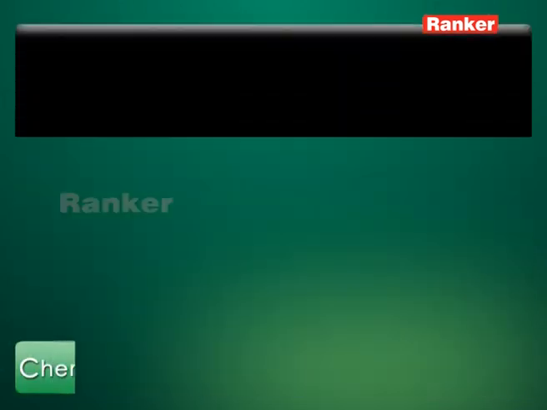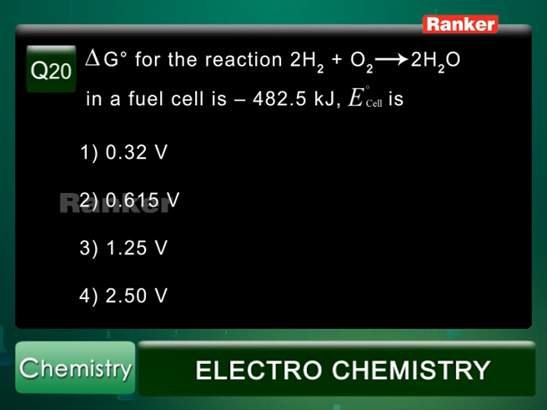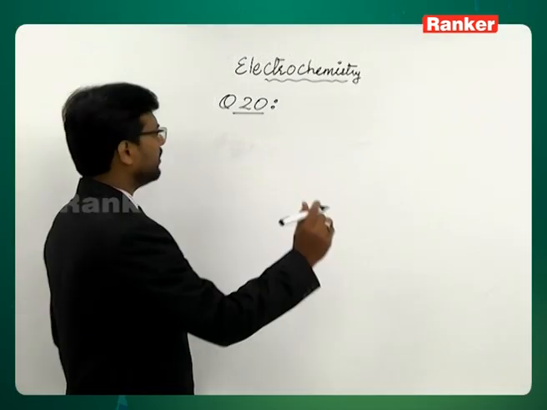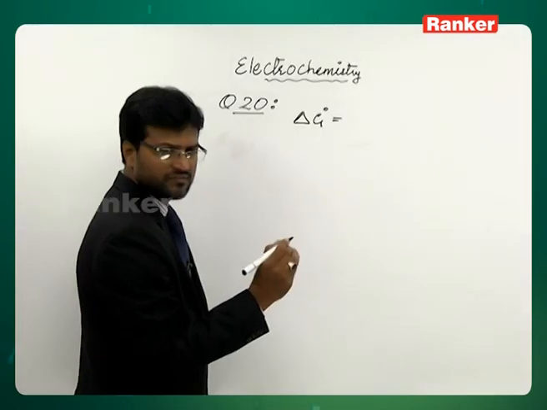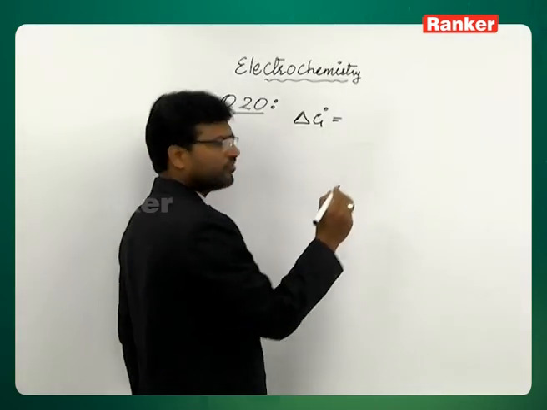Question number 20. Delta G naught for the reaction 2H2 plus O2 gives 2H2O in a fuel cell is minus 482.5 kilojoules. E naught cell is? So how much is delta G naught? Delta G naught given is minus 482.5.